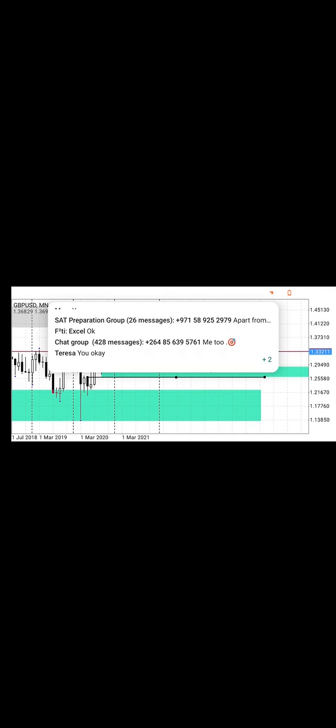Now if you look closely, the top of the bullish candle is right at the bottom of that square or rectangle, whichever you wish.